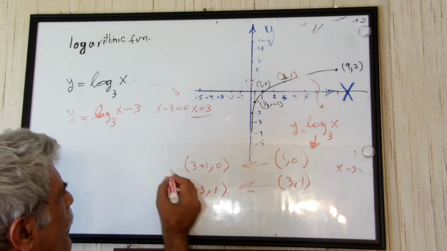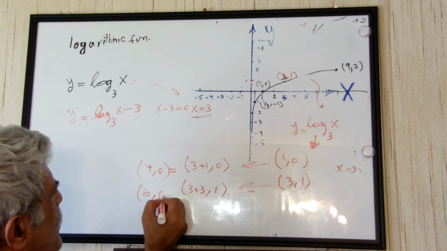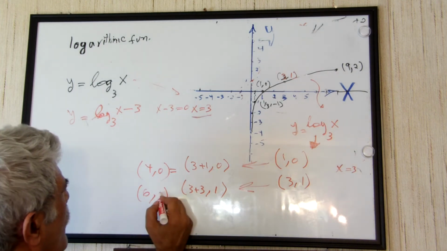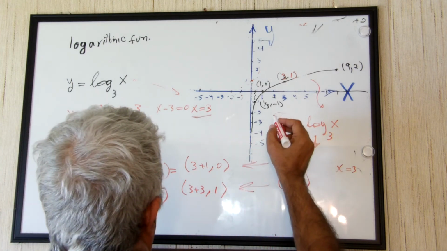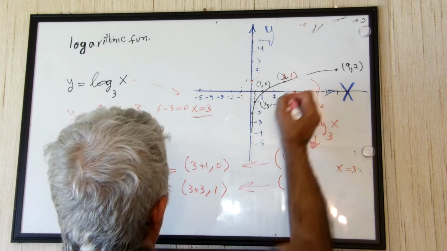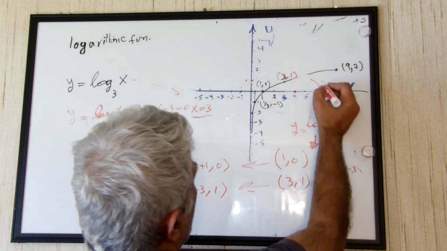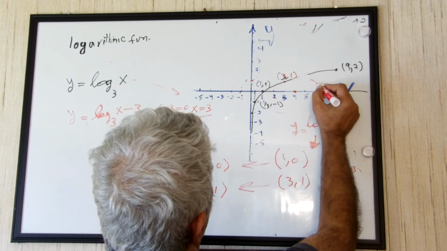So this is going to be the point 4, 0, and the point 6, 1. If you draw this, say the point 4, 0, and then the point 6, 1. This is 6 and it's going to be 1 here.